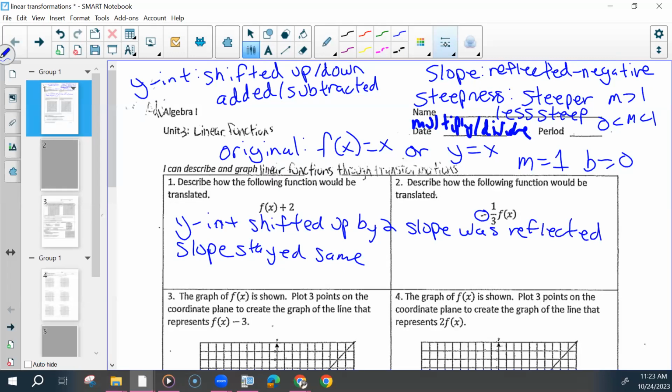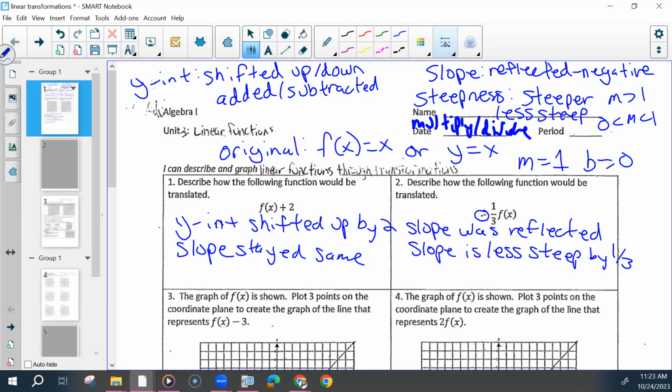And then we have this 1/3. Would that be steeper or less steep? Less steep. It's a fraction. It's not bigger than 1. So the slope is less steep by 1/3.